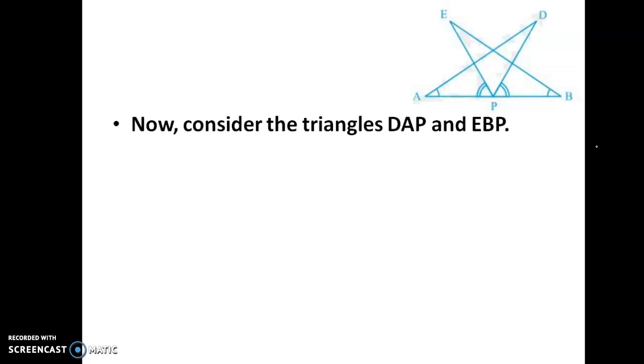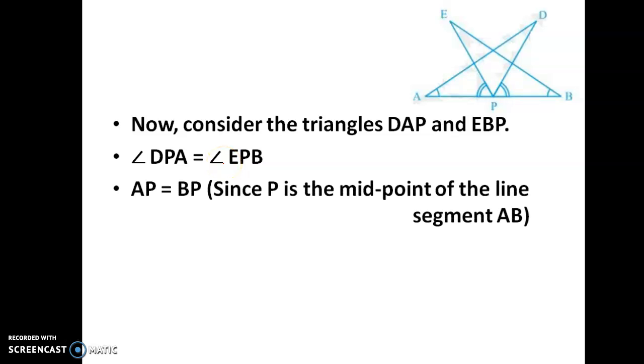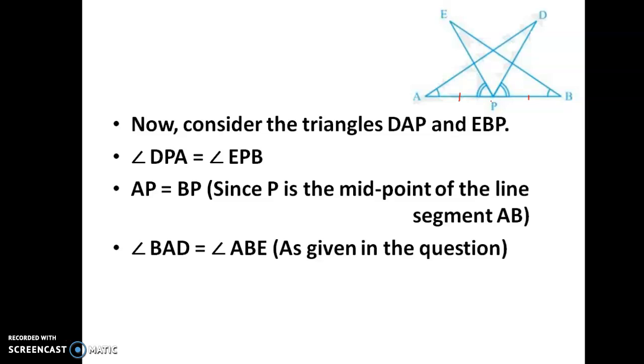Now we consider these two triangles. Just now we proved these two angles are equal, in the previous step. Then AP is equal to BP. Why? Because P is the midpoint, given in the question. Then angle BAD is equal to angle ABE, also given in the question.